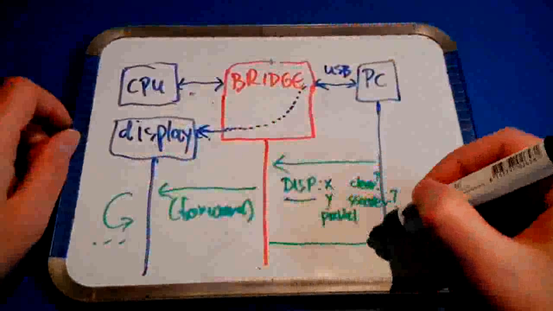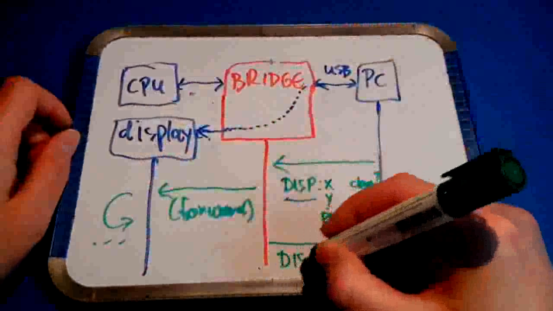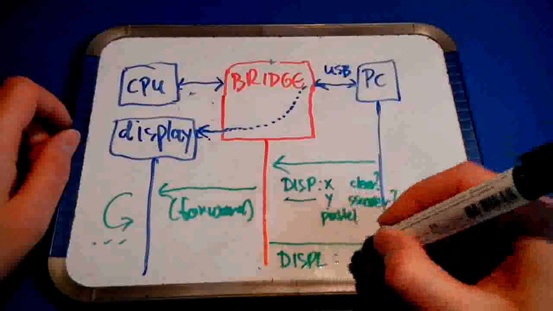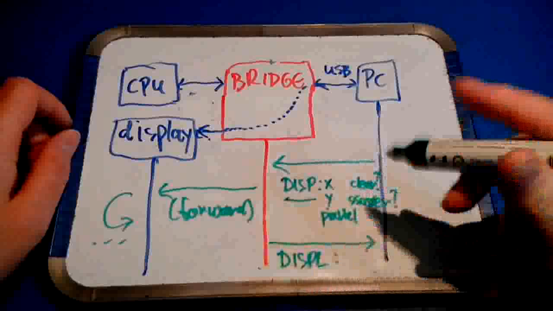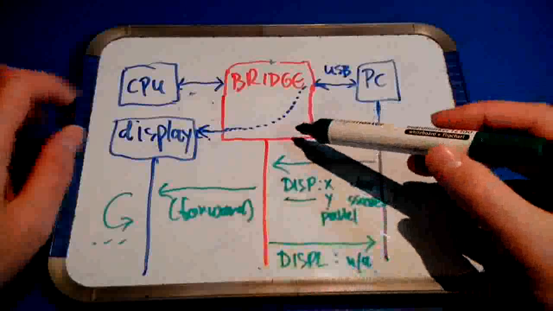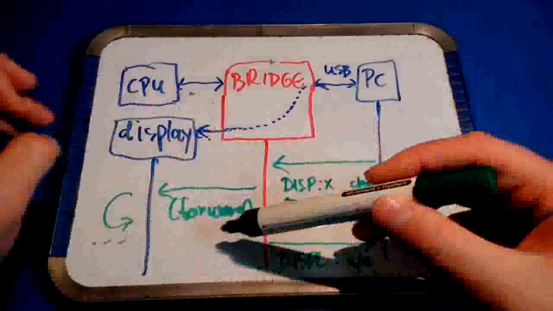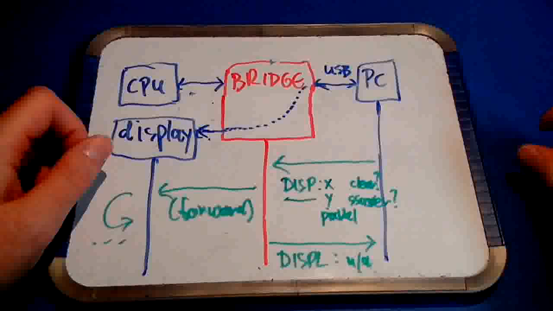And as a courtesy, the bridge sends a display reply back to the PC, but it's just a dummy reply to let the PC know that the bridge received the display command and forwarded it to the display. So that's basically how it works.